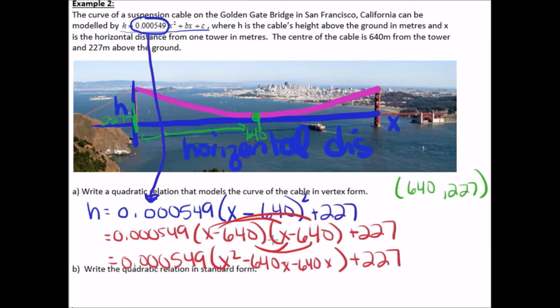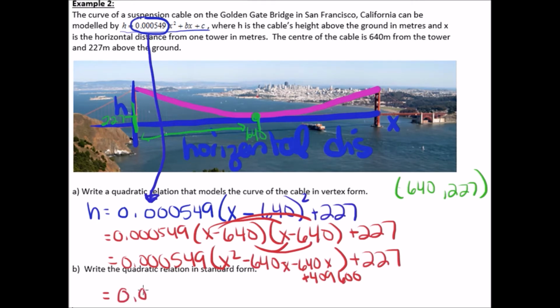Okay, negative 640 times negative 640 is 409,600. And I just put that on the calculator right there. Okay, I'm going to squish it down here. Plus 409,600. Okay, I'm going to do one more line, and then I'm going to go to the next page.